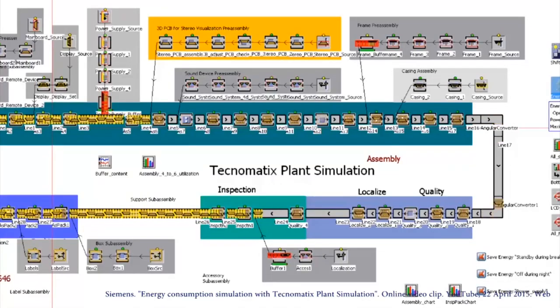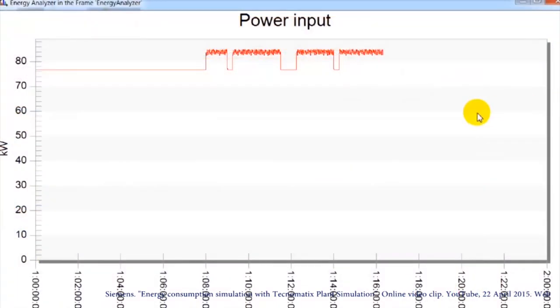The classical material flow simulation mainly provides information on the output of a plant and shows bottlenecks as well as the influence of product variance on the output quality. In our current version of the Technomatics plant simulation software, however, a module is now available that provides information on the temporal dynamic energy consumption of the production plant.